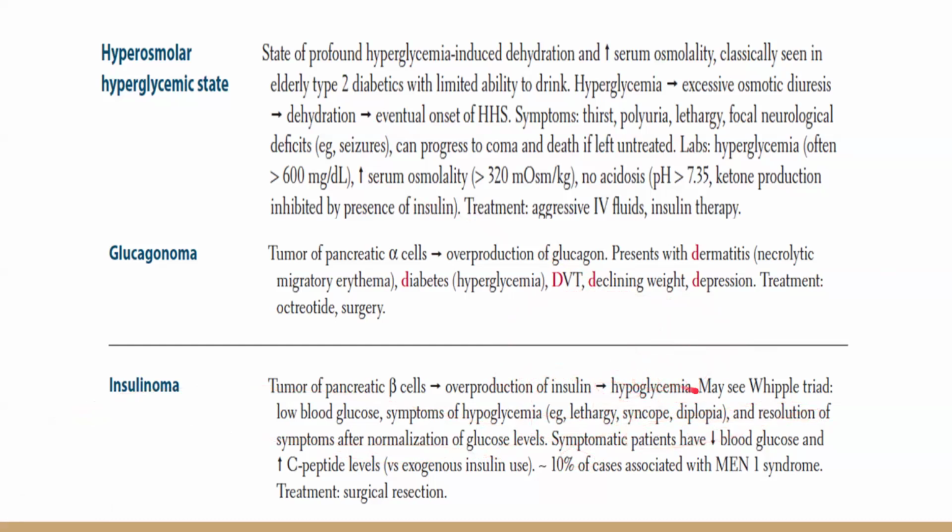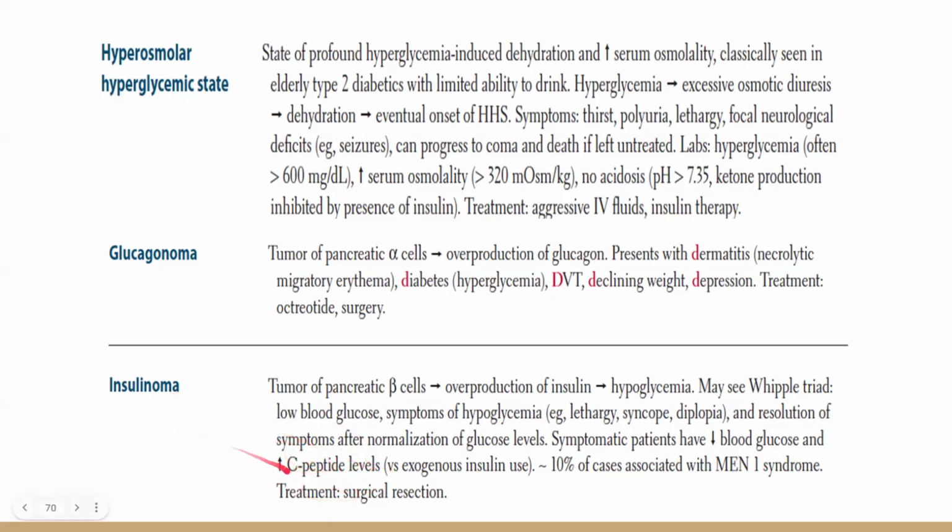Right now, there's hypoglycemia, but when you provide glucose and stuff, which will be one of the treatments, okay, you'll have resolution of symptoms. Symptomatic patients have low blood glucose and increased C-peptide levels. Why increased C-peptide? Because it's always secreted in the same secretory vesicles, okay? So this gives you a measure of the endogenous insulin. Where else will you have increased C-peptide levels?